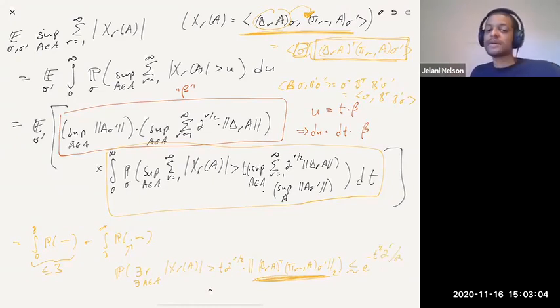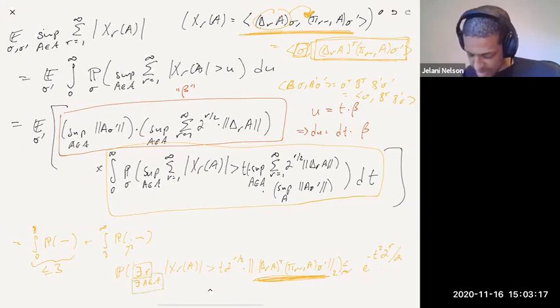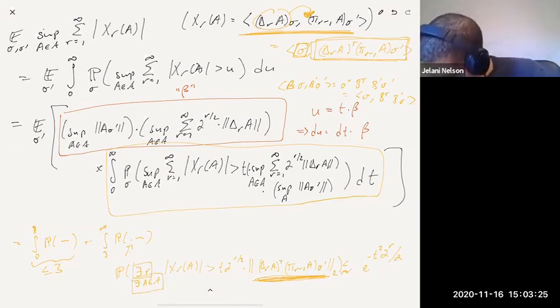times, and I should really say I'm going to union bound over all r, because I said what's the probability that there exists an r where this is true? What's the probability that there exists an a? So if you fix an r and you fix an a, this is your tail bound. This is just Khinchin. But if you want to union bound over all r, you're going to sum this thing over all r.